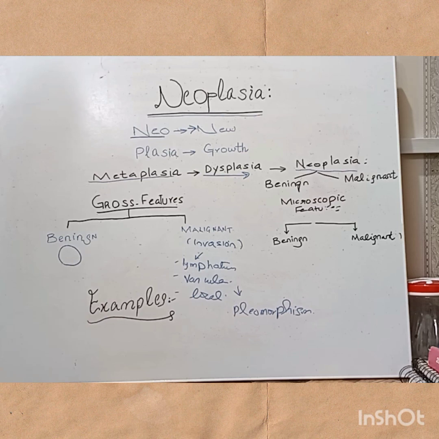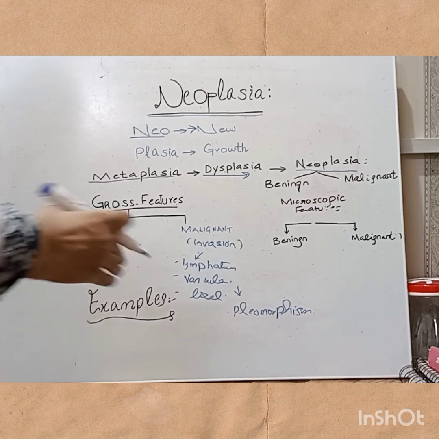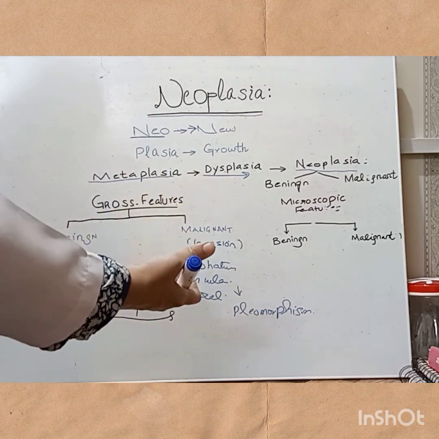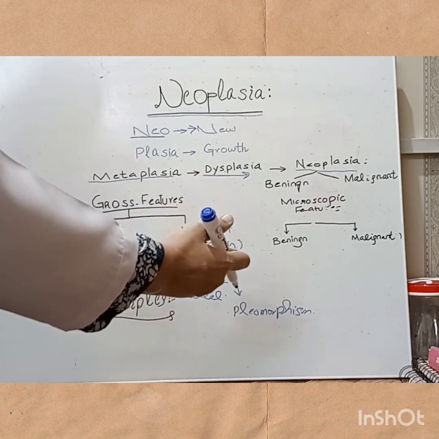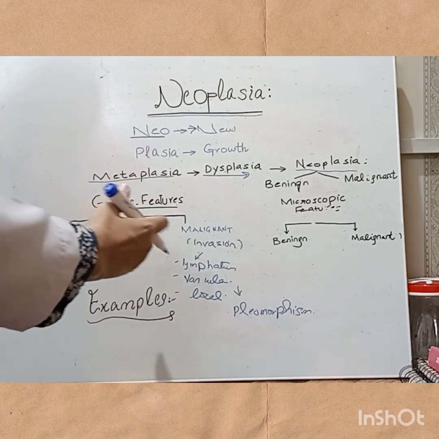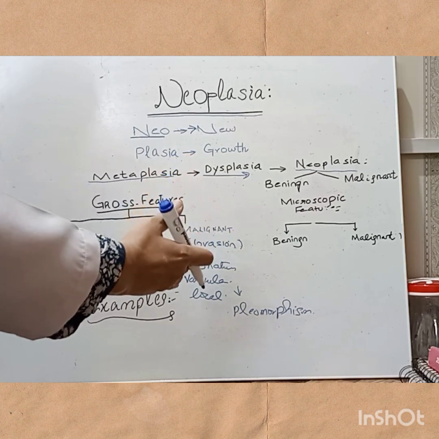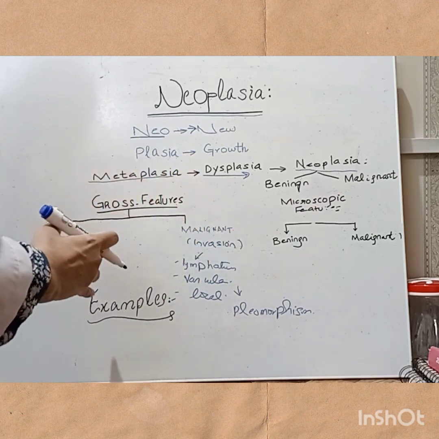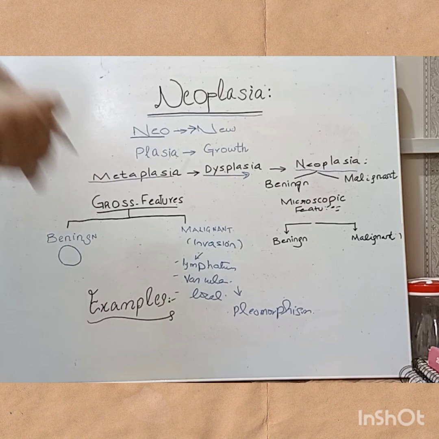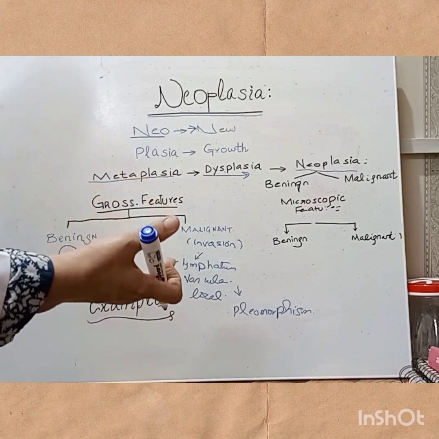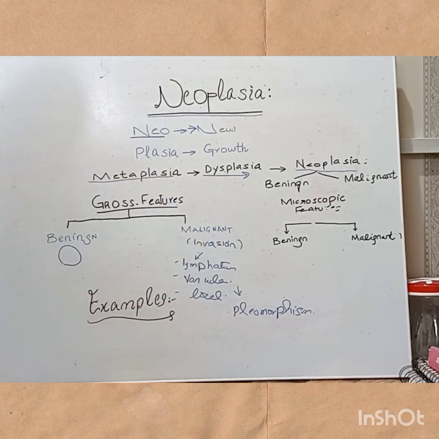We usually describe the grade of a lesion: if it resembles the normal structure well, then it is well differentiated, and if it is not resembling the normal structure, then it is poorly differentiated.